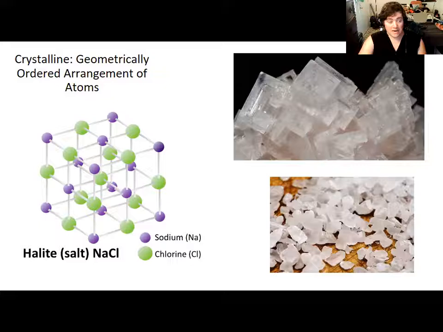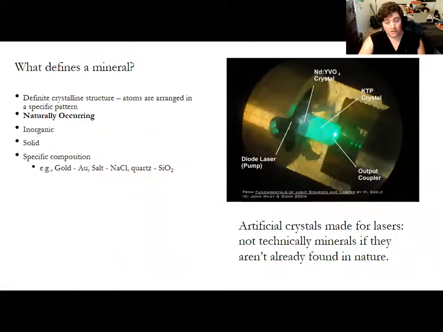So, many things are crystals. There are some things that are crystals that are not considered minerals. One example of that actually are the artificial crystals that humans engineer for use in medical technology or to work with lasers. Lasers actually often need crystals with specific properties that are not easily found in nature.